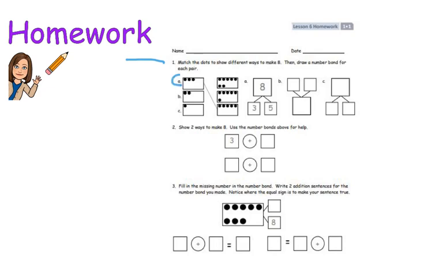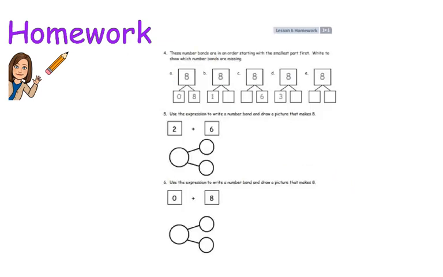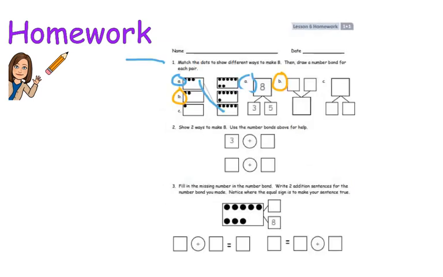So A was done for us, so they used the match to make the number bond, okay? So B, you're going to find that match, and you're going to use that to make the number bond. And then C, you're going to use that match to make the C number bond.